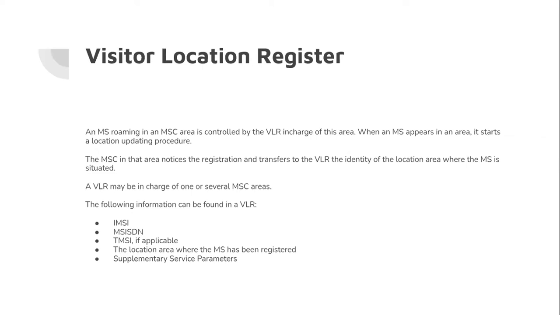What are some of the key details contained in the VLR? One is the IMSI that we've discussed in the HLR, and the MSISDN, just the same as in the HLR. Then something new, the TMSI, which is the Temporary Mobile Subscriber Identity, just for security purposes. It is just a temporary IMSI. Then we have the location area where the MS has been registered. And finally, we have the supplementary service parameters.